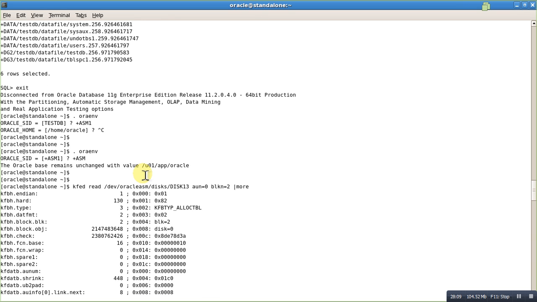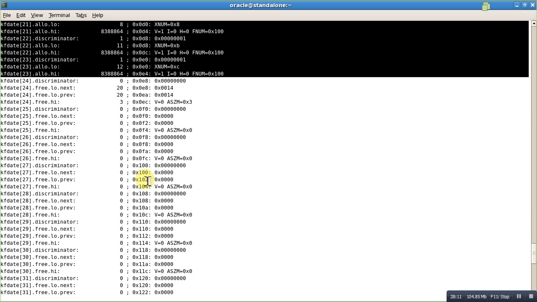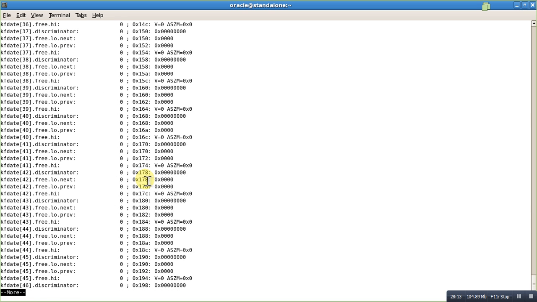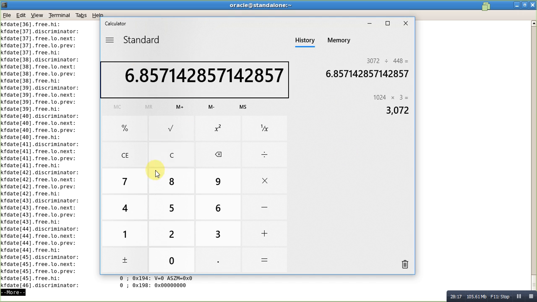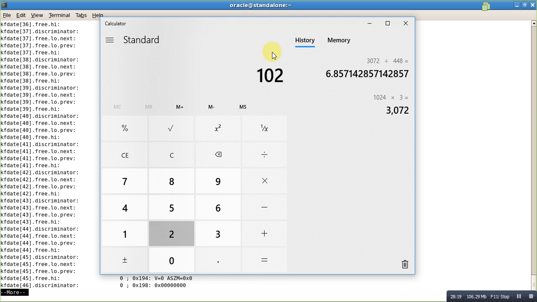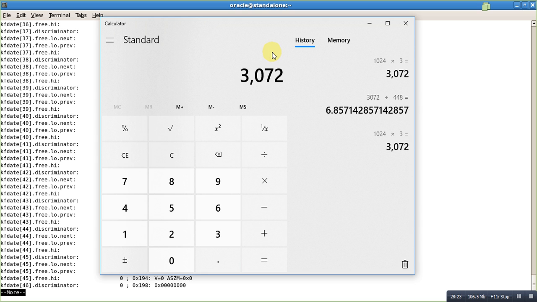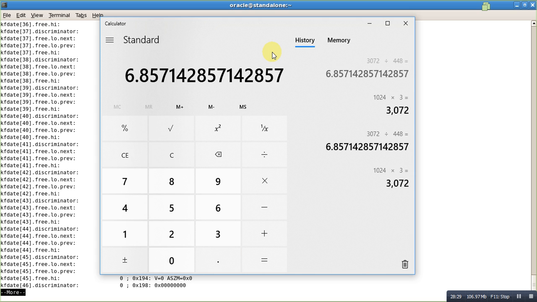Now let's try. Size of my disk is 3 GB, which is nothing but 1024 into 3. The value is 3072. Now if I divide this by 448, 6.8 blocks I'll be getting. But what is the size of my allocation unit?